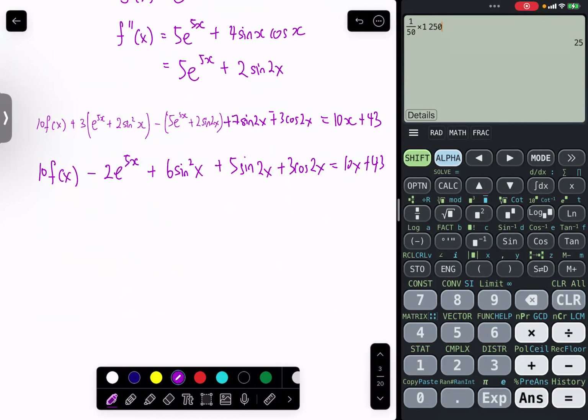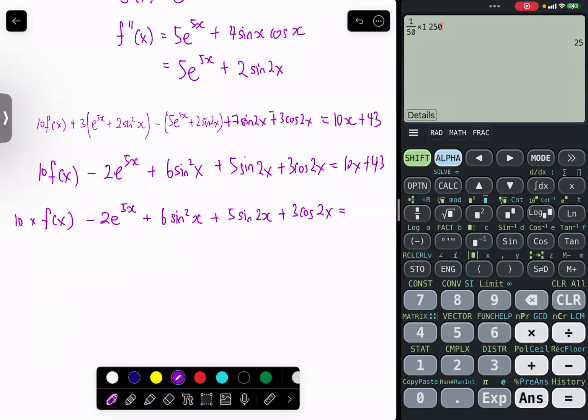Okay, so let's see, what can we simplify down here? So let me write a little bit neater. 10f(x), 10 times f(x) minus 2e^5x plus 6 sine square x plus 5 sine 2x plus 3 cos 2x equals 10x plus 43.